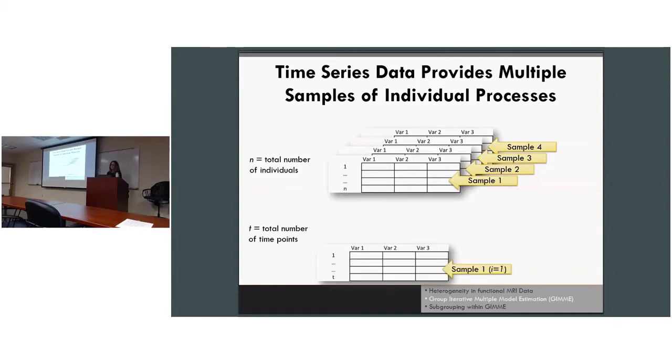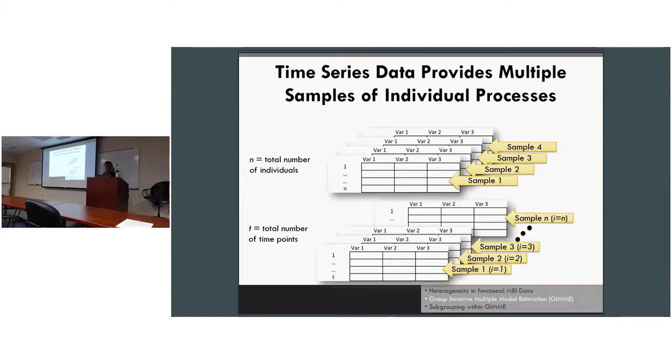And so I'm viewing the functional MRI data in the same way, where now our sample is one individual. So instead of having 1 to n, we have 1 to t, with t being the number of time points. Instead of the samples being across maybe regions of the state, we have different samples across individuals, and we actually have many more samples than we have in a meta-analysis.